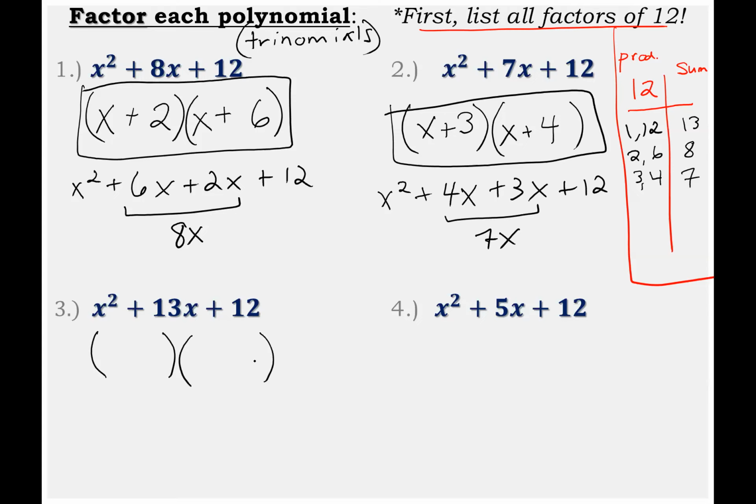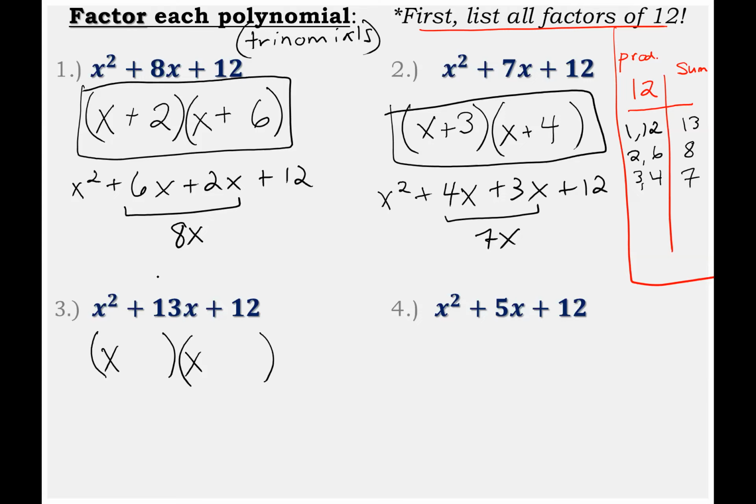Number 3. If you're paying attention to the table, we're down to one last option here. So let's see what we got. x times x is x squared. This would be a problem that I would expect students to struggle with. There's something about seeing the number 13 that makes people think, oh, 13 is prime, what are we supposed to do with that? 7 was prime, and that was fine, right? So don't be afraid of seeing prime numbers in here.